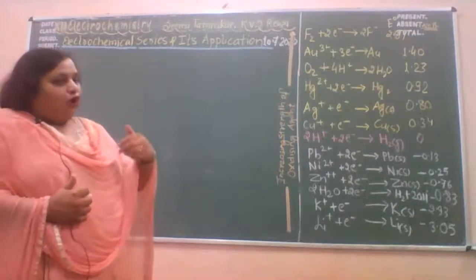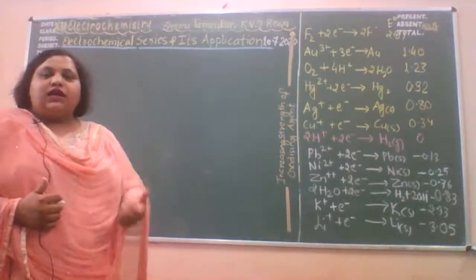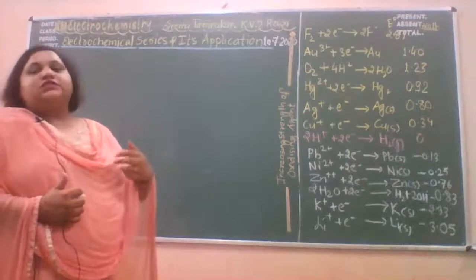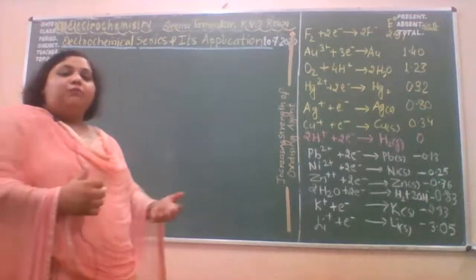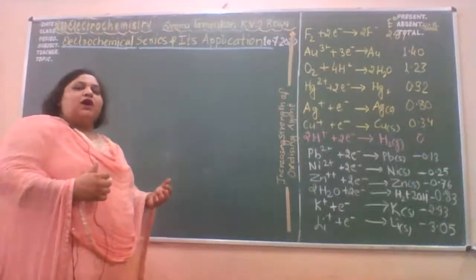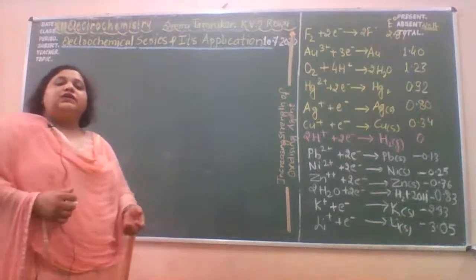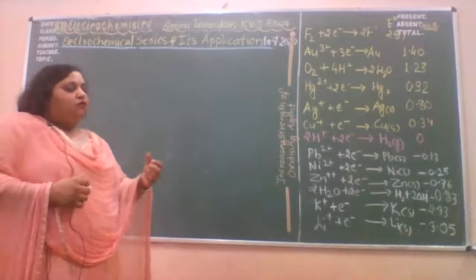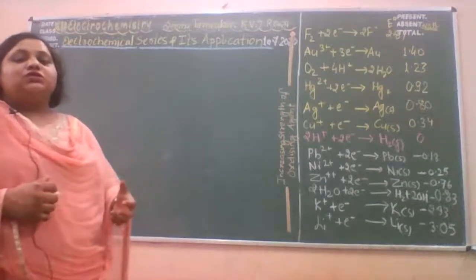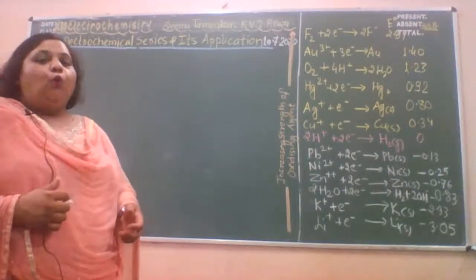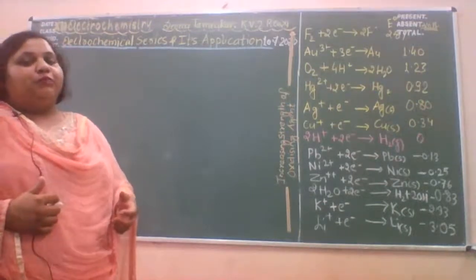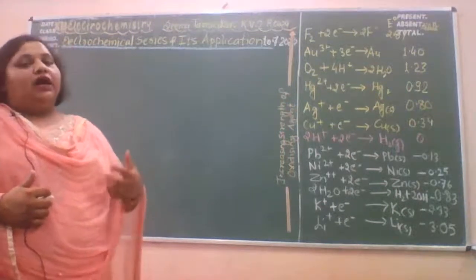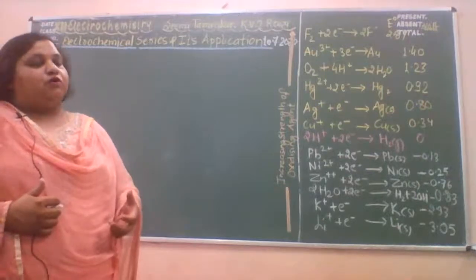And for using the word standard, we have to standardize the conditions. I think you all remember, so many times we have discussed that the standard condition is when the electrolyte solution has a concentration of 1 capital M, 1 molar, the temperature is 298 Kelvin, and the pressure is 1 atmosphere.